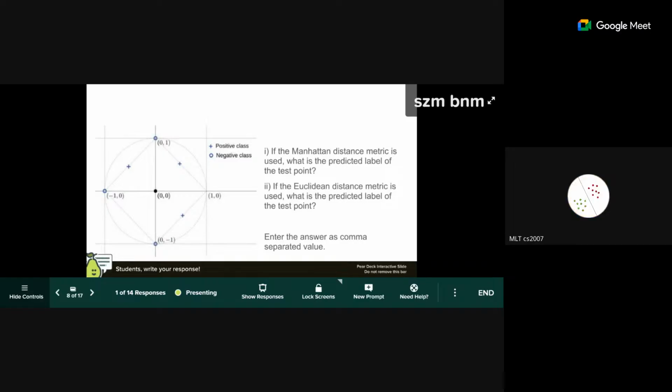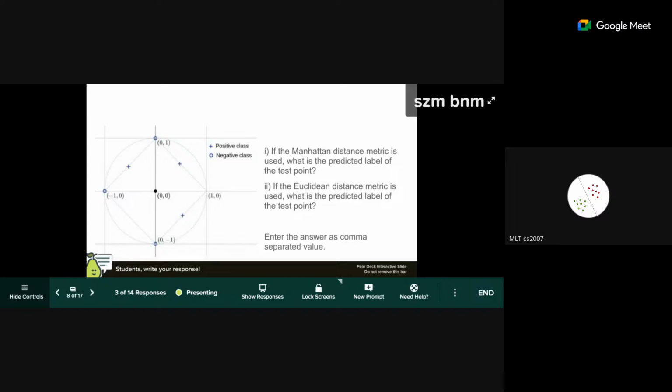Okay, all right, let's see the solution. Someone mentioned plus, plus. Let's look at the second part. If you use the Euclidean distance, I can see that the points which are labeled as plus are the closest to my test data point.